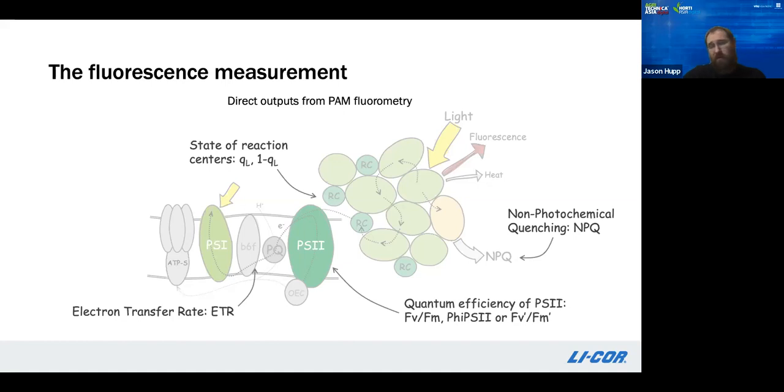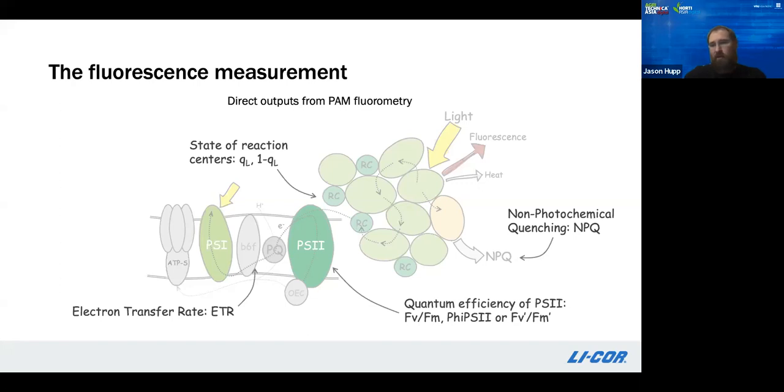Fv/Fm would be the parameter that we would derive from those two measurements I described in the dark previously. We make similar quantum efficiency measurements in the light. That's called phi-PS2. It's the operating efficiency or the realized efficiency. It's how good the plant is at that moment at capturing and converting light to do photochemical work.